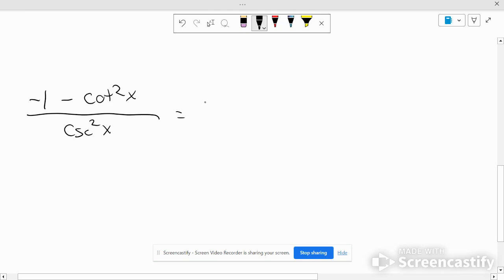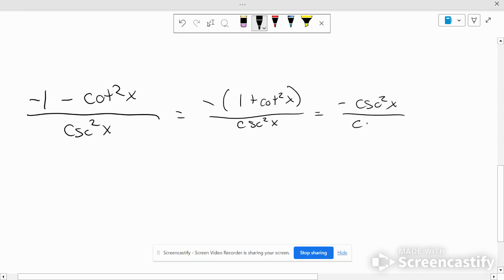If we factor out a -1 on top, we get 1 plus cotangent squared of x, correct? And what's 1 plus cotangent squared of x equal to? Cosecant squared of x. Which is -1.